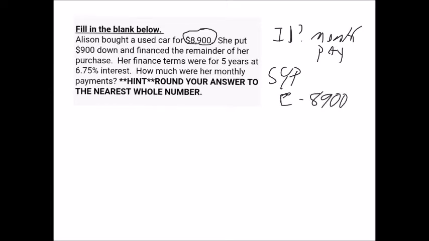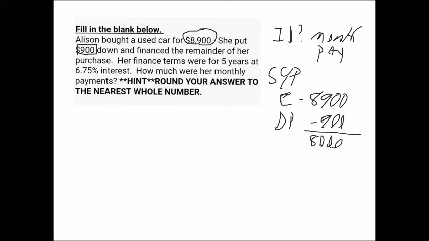And then I'm going to put the second piece of information, 900 there, and then call that DP, down payment. So the key to this problem is, whatever you put on your down payment, that amount you're not going to finance. So we're going to just subtract that 900 from the 8,900, and that's going to give us 8,000. So that is the cost of the car.